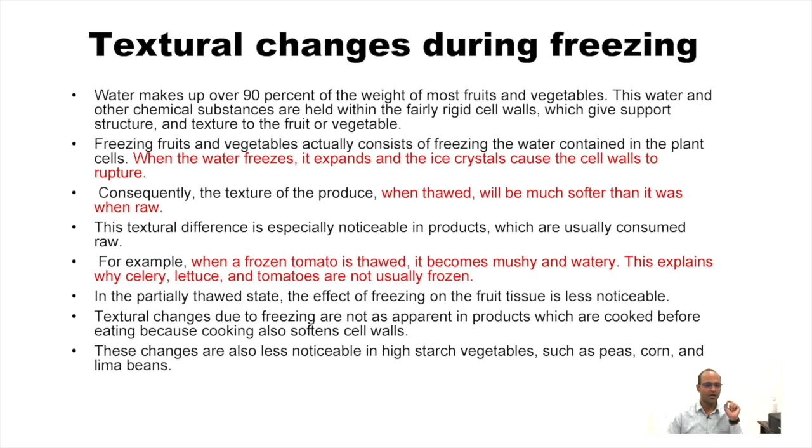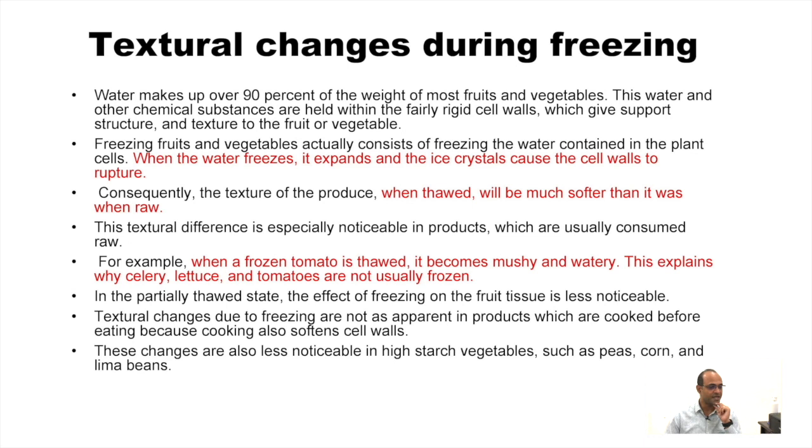There are large size particles in small numbers observed in the frozen green peas. If we go with quick freezing, small size particles in large numbers. And if we go with instant freezing or very rapid freezing, smaller particle size in very large numbers is observed.